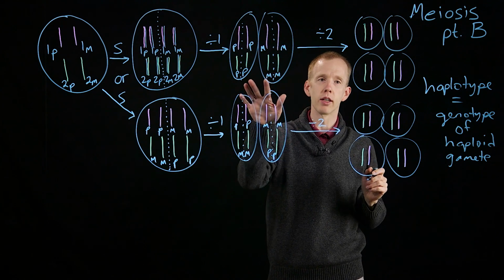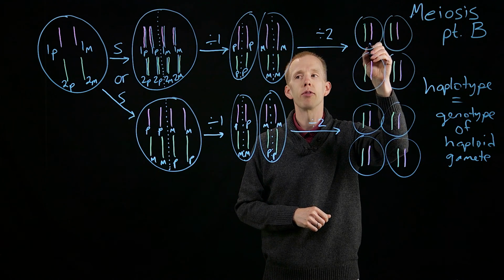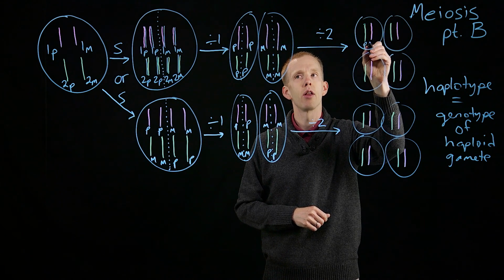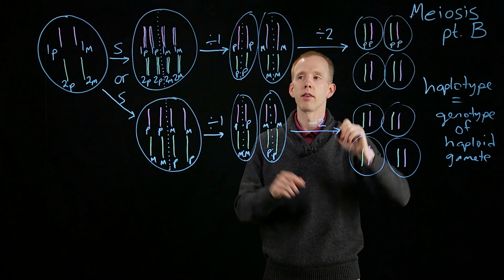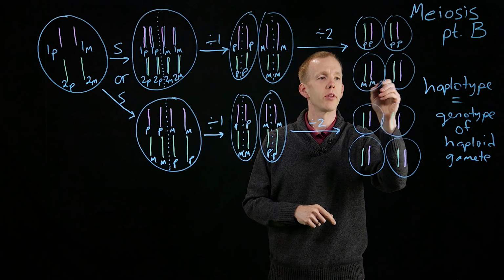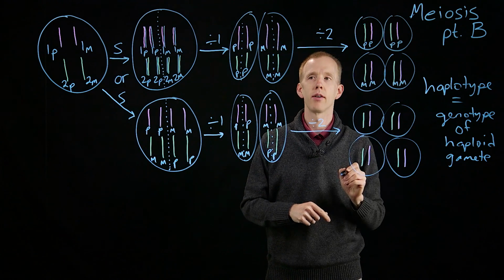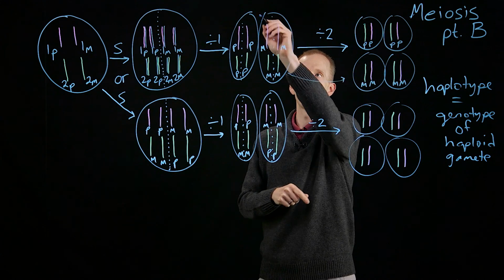So you can follow the alleles through after the division and discover that here we have the paternal versions. That would be products of this cell division, and the two maternal haplotypes together. So those are the two cells that result from this cell dividing.